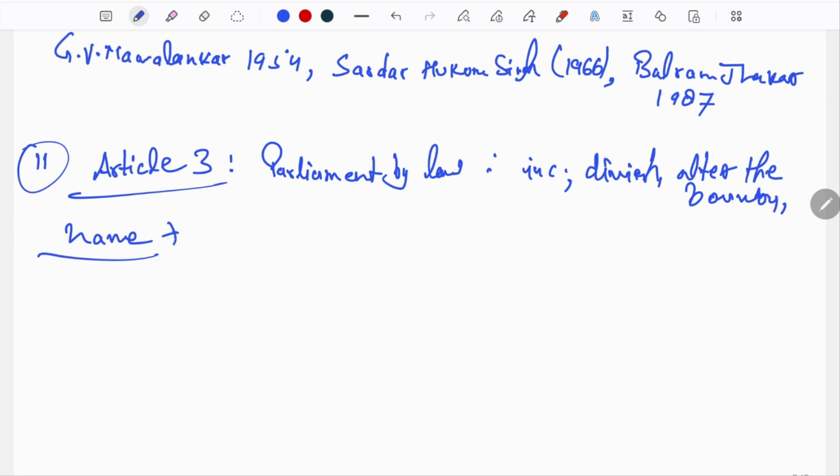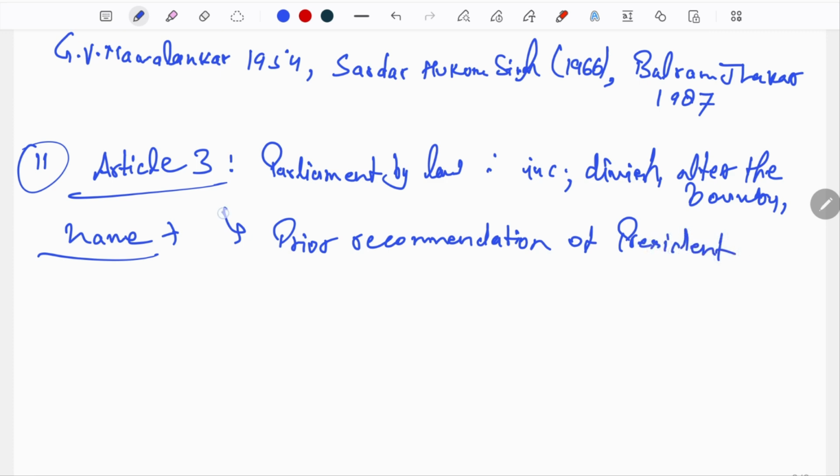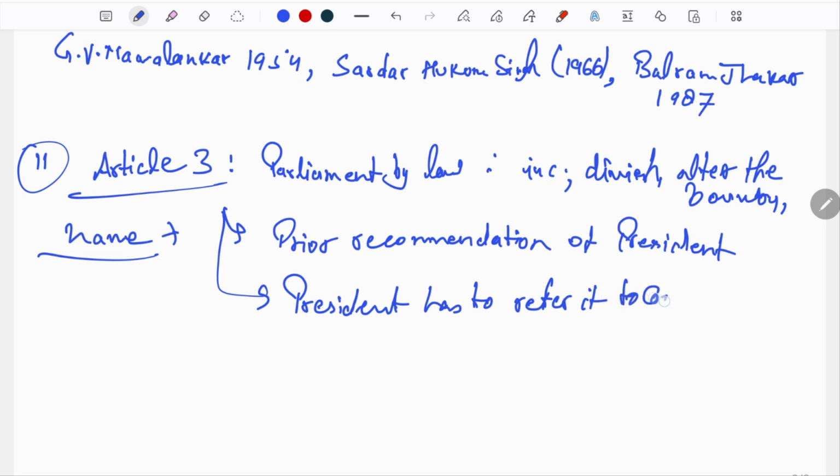How is it done? There are two preconditions: it has to be moved on the prior recommendation of the president, and first the president has to seek the opinion of the state legislature concerned. The president has to refer it to the concerned state legislature, and the time period in which the state legislature has to respond has to be mentioned in that recommendation.